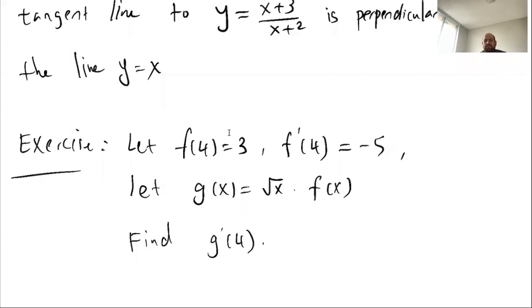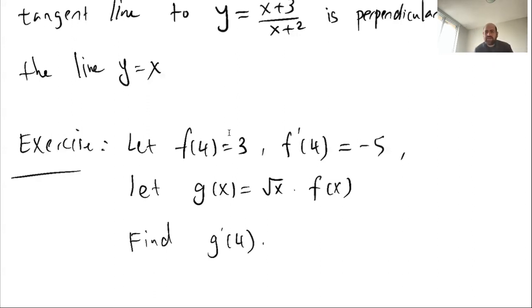And after you find g prime of x, which you can find easily using the product rule, right? g of x is the product of two functions. You can find g prime of x using the product rule, and then find g prime of 4 by replacing the value of x with 4. So the only important point of this question is that if you want to find g prime of 4, first you need to find g prime of x.